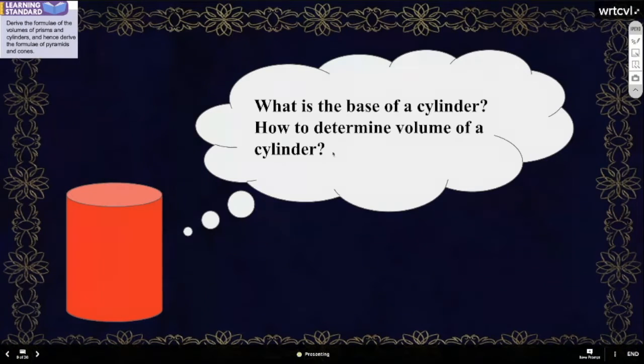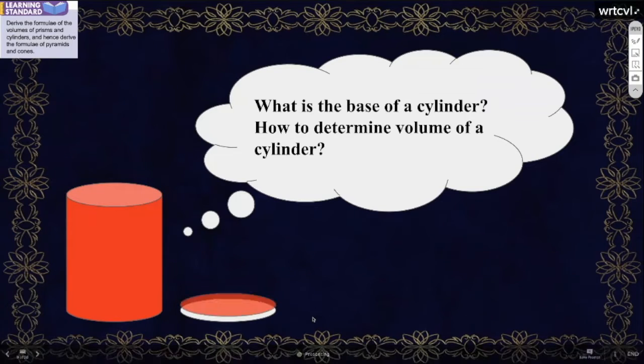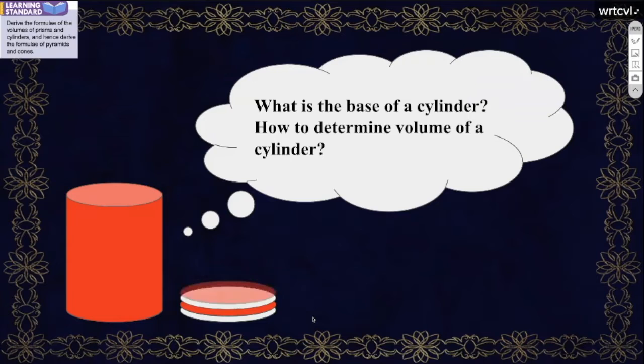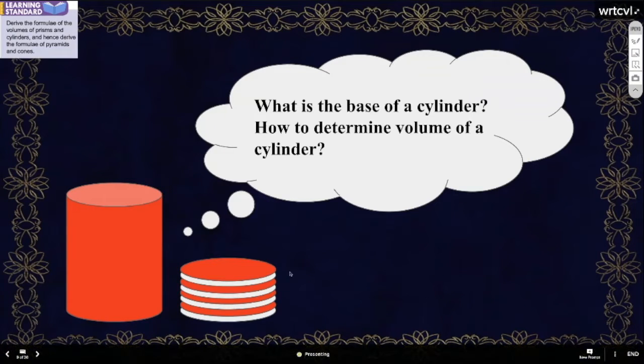So how to determine the volume of a cylinder? Actually, you can assume a piece of this circle, like in the textbook they give a coin. The coin is the area of a circle. Then when you stack them up one by one, when you go up, there will be height here.